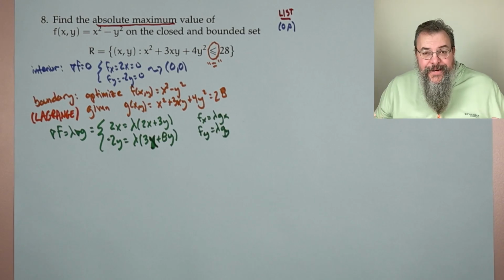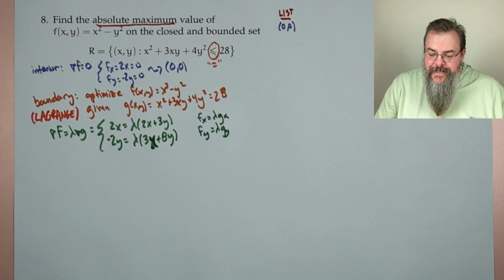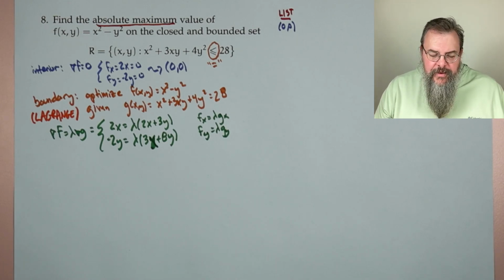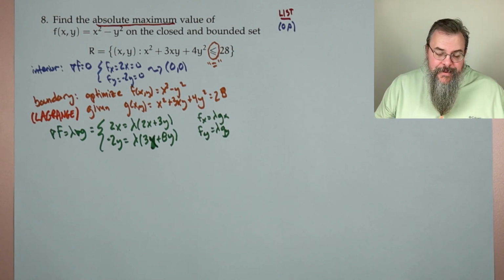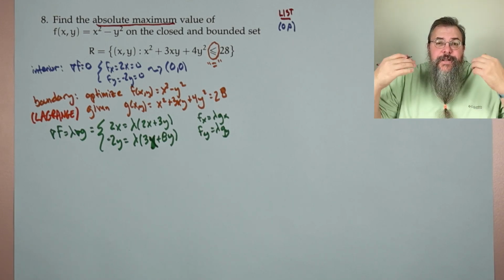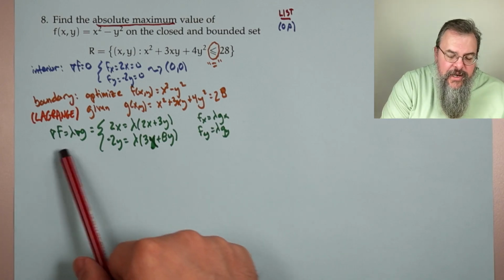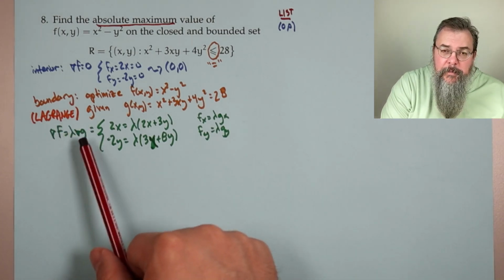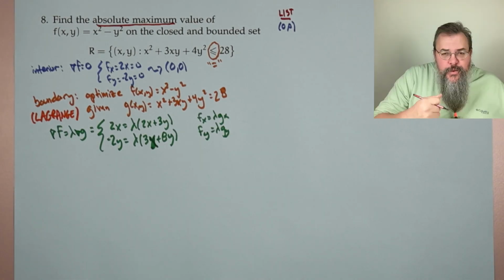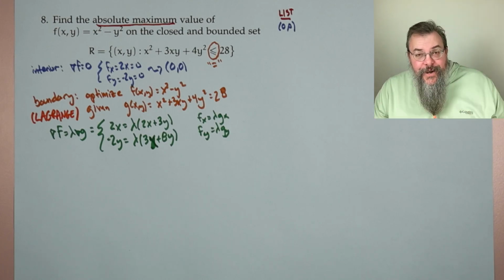Okay, so what do we do? Well, it's not so clear, right? And when it's not so obvious, you say, when in doubt, solve for lambda. Why? We're trying to get a relationship between x and y. That's our ultimate goal. We're trying to extract a relationship about x and y from this set of equations, and in particular, we're trying to remove lambda. The easiest way to remove lambda is to solve for lambda.